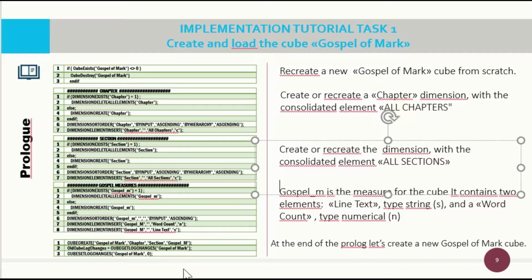The gospel measures are created here, and then we are ready to create the whole cube. It will be called Gospel of Mark, and it has 3 dimensions: chapter, section, and its measures.